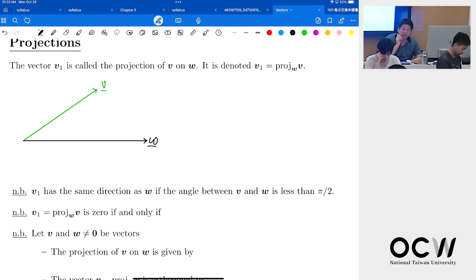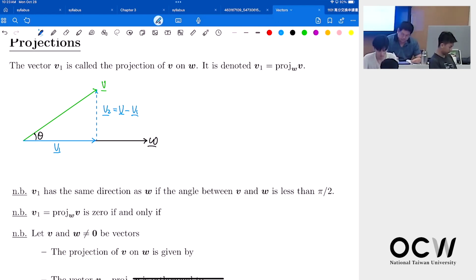Now what is the vector v1? v1 is this vector. And here we have angle theta. And this is v2. v2 is v minus v1.